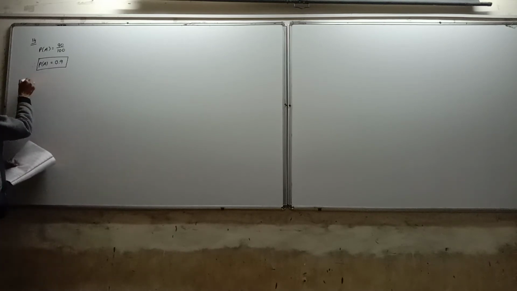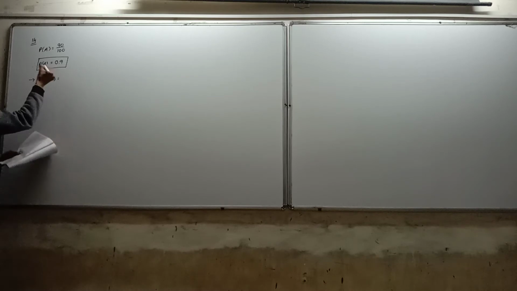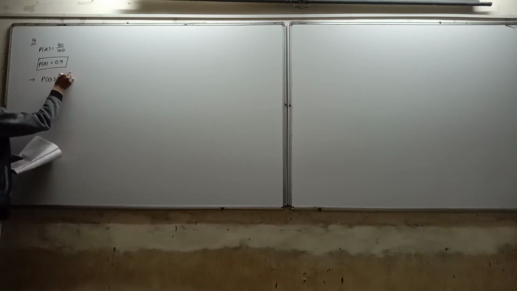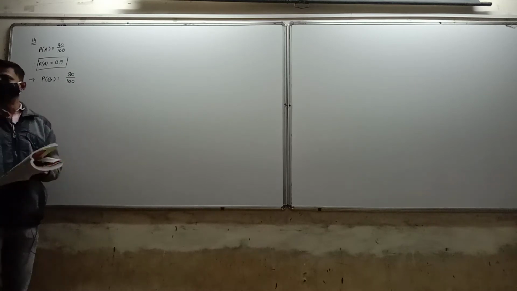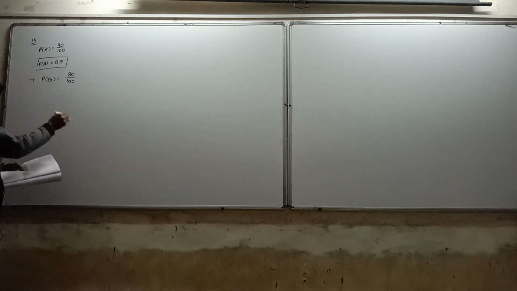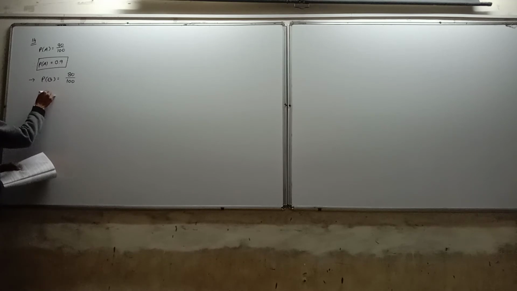New line, write down P of B is equal to 80 by 100, 80% cases. So 80 by 100, therefore the value of P of B is equal to 0.8.